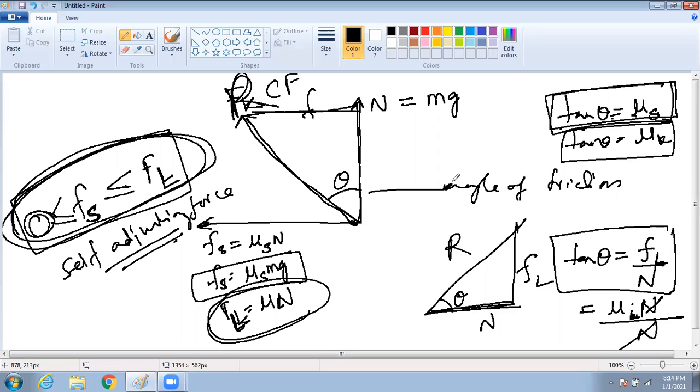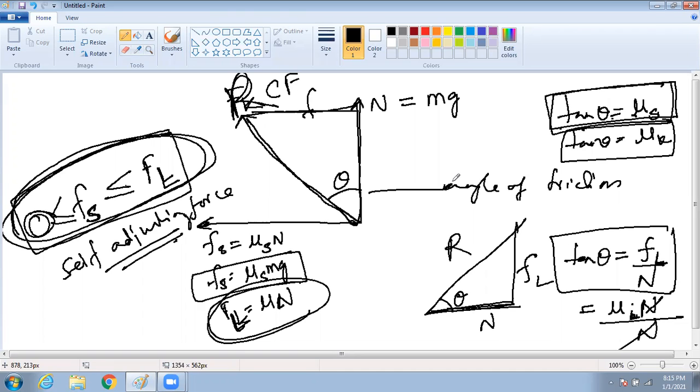Sir, I have a doubt, sir. Why are we taking the resultant of only normal and friction, sir? No, because it's a contact force, no? These are the two contact forces, no? Like we are not taking the weight and all that, sir.